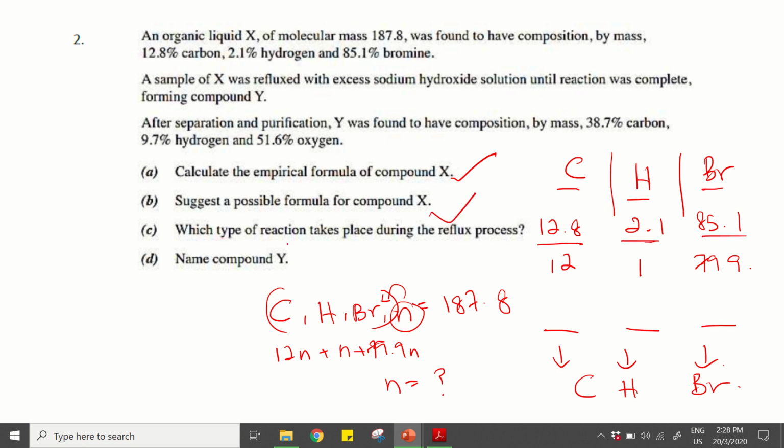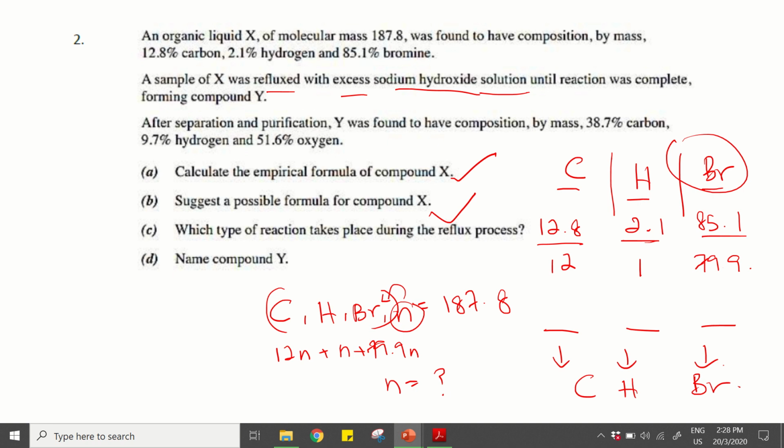All right, now what type of reaction takes place during the reflux process? Now, very simple here. I'm adding sodium hydroxide in excess to reflux it. It's a solution, so which means aqueous sodium hydroxide. And from here, we know it's a halogenoalkane because there's a bromine there. And when you add aqueous NaOH into bromine or halogenoalkanes, all right?